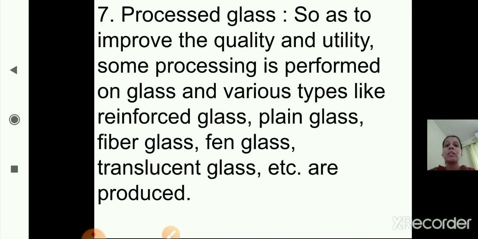When some processing is performed on a glass and various different types of glasses are made, that is called processed glass.